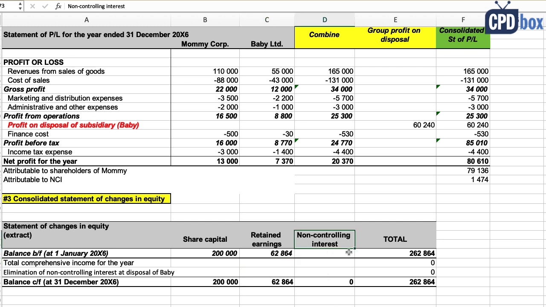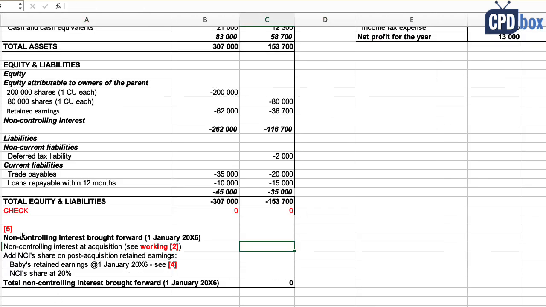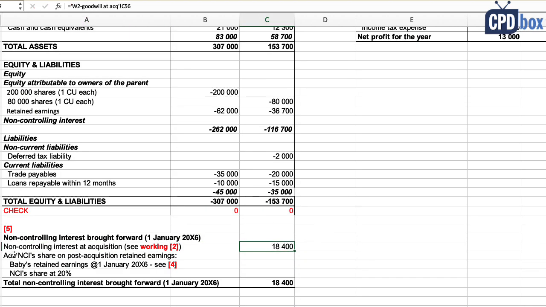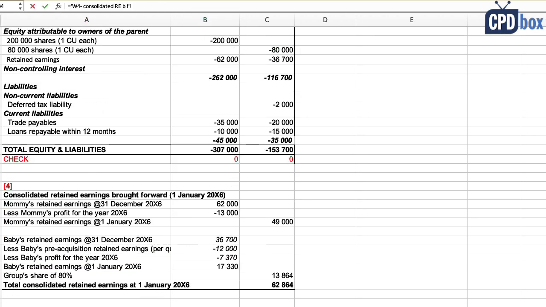Fine. We also need to calculate non-controlling interest at 1st January 2006, so let's do this in working number 5. This time we are not doing a rollback. We try to do it from non-controlling interest at acquisition, which we calculated earlier in the goodwill calculation, and that was 18,400. Then we need to add non-controlling interest share on post-acquisition retained earnings of baby, which is baby's retained earnings at 1st January 2006.